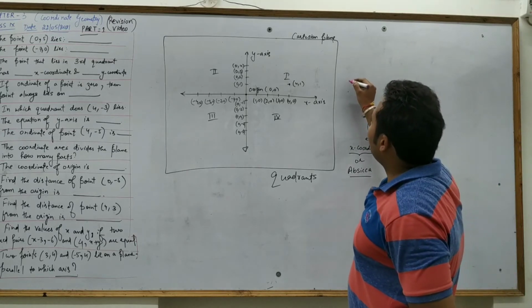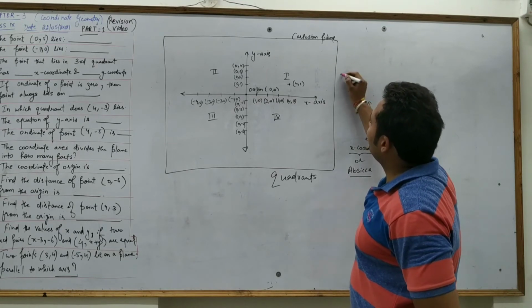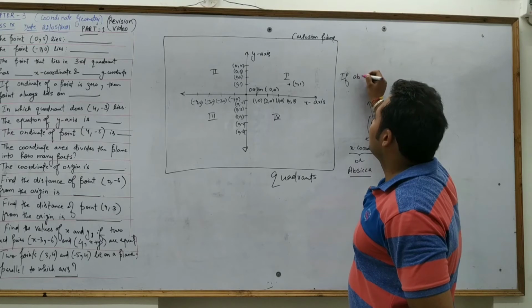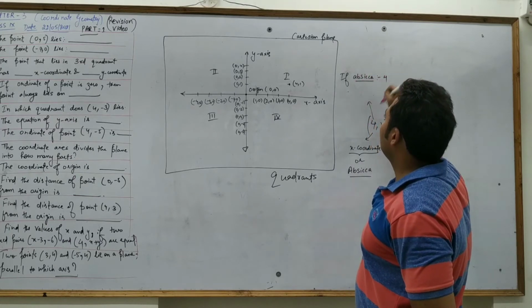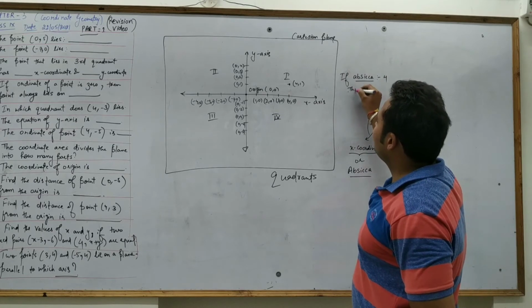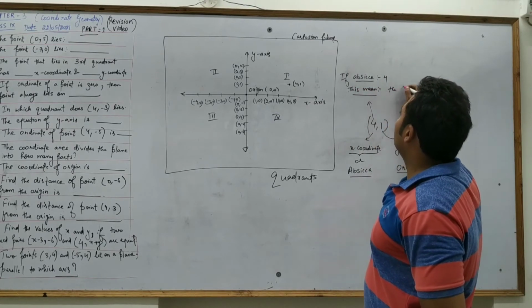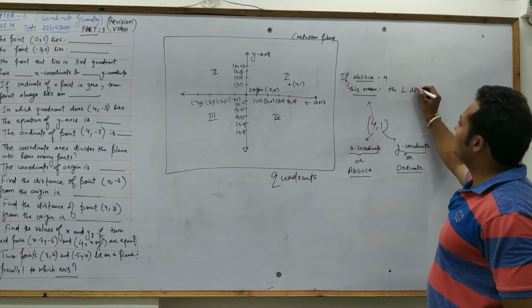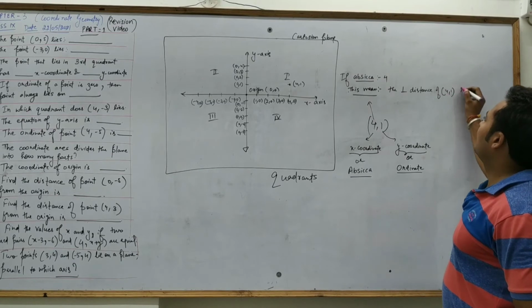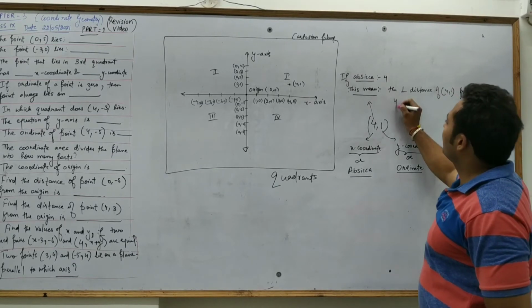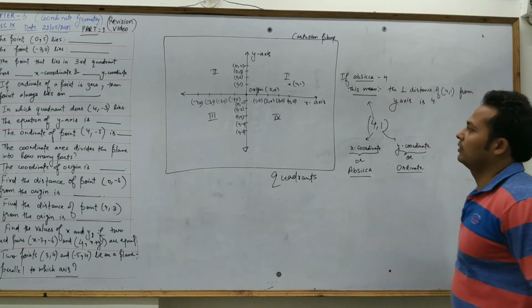If the abscissa, that is the x coordinate, is 4, this means the perpendicular distance of (4, 1) from the y-axis is 4.